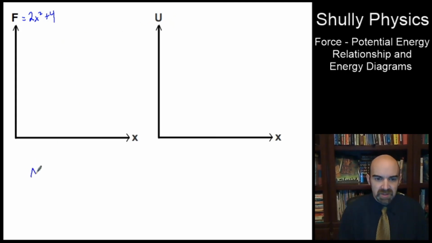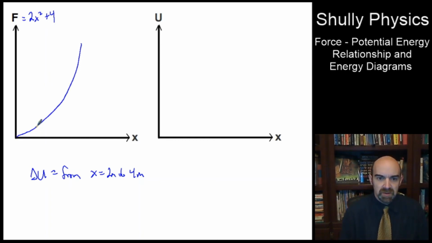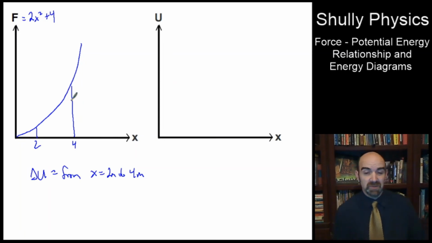What will be the change in potential energy under this curve from x equals 2 meters to 4 meters? Well, with this curve, it's going to be a quadratic. And 2 meters is about here to 4 meters over here. That gives us an unusual kind of area, so we're probably going to have to use our integration tool.